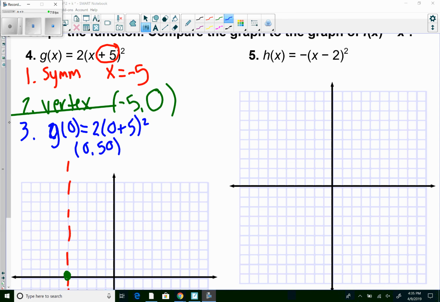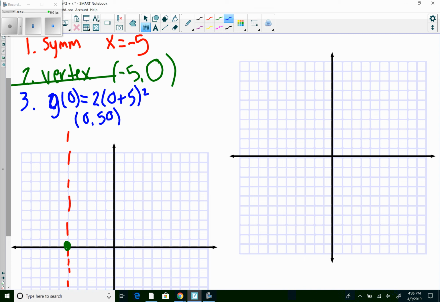But the beauty of this is that we actually have not decided what our scale is over here. So let's just make up our own scale. 10, 20, 30, 40, 50. So 0, 50.